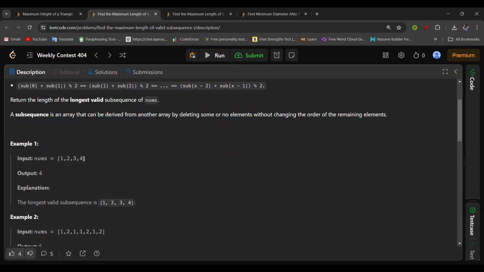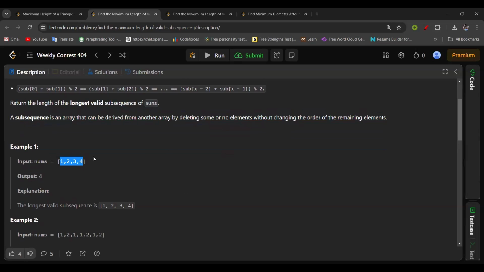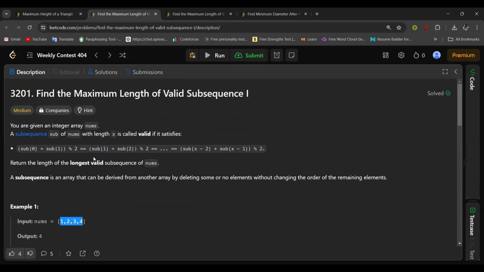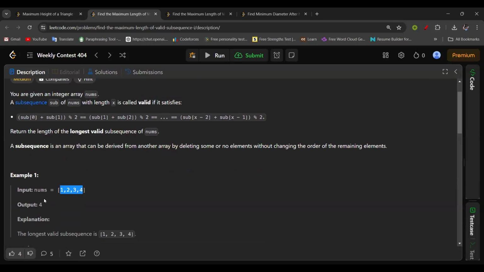Maybe you picked 1, 3, and 4, so 1, 3, 4 would be a subsequence. If you pick 1, 2, and 4, that would be a subsequence. If you pick just 1 and 3, that also works. The order should remain the same as in the original array. If you are not aware of what a subsequence is, this is the definition. It's basically a subset of the original array.